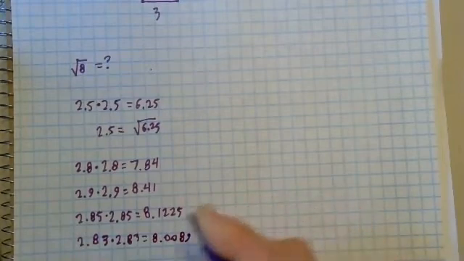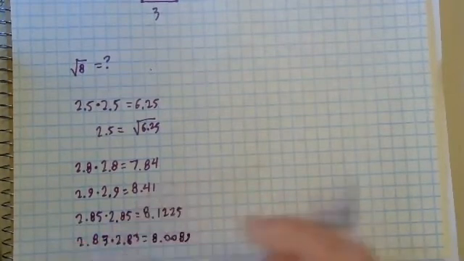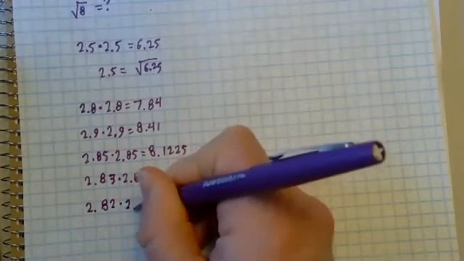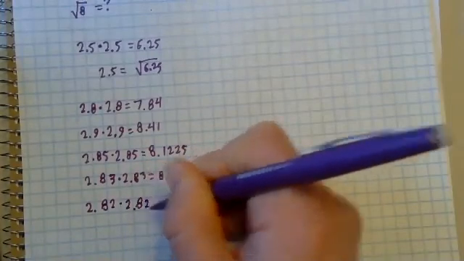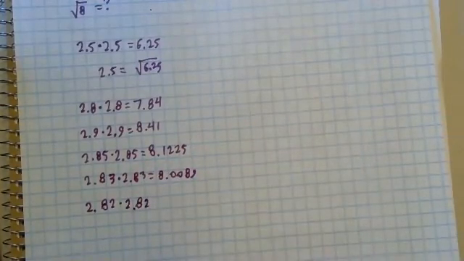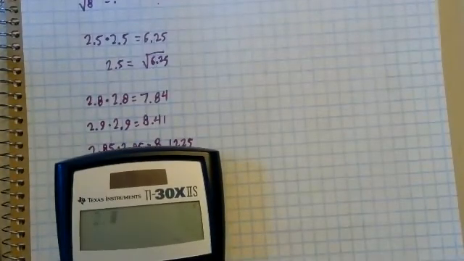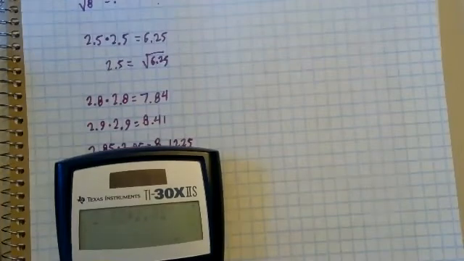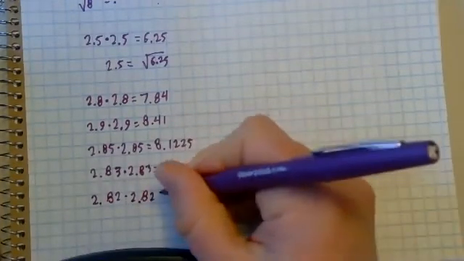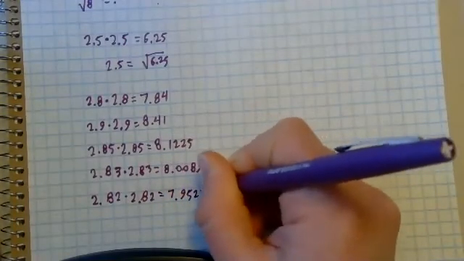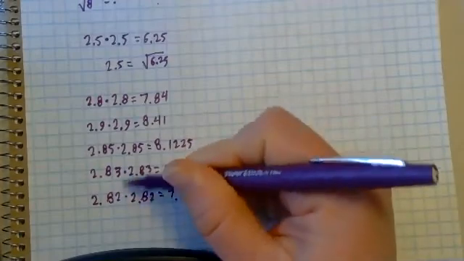But still a little too big. I'll try 2.82. And that's a little too small. But I'm definitely getting warmer. I now know it's between these two numbers.